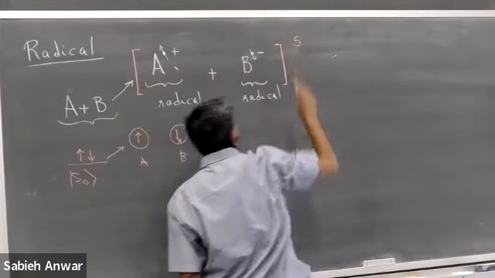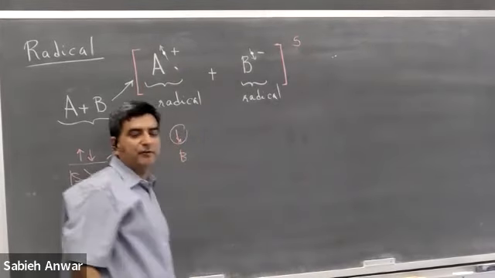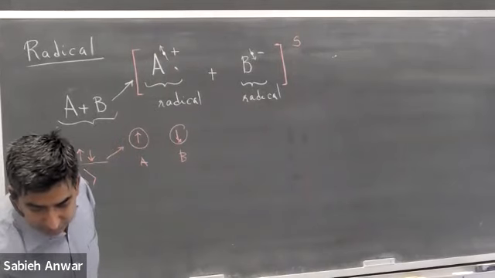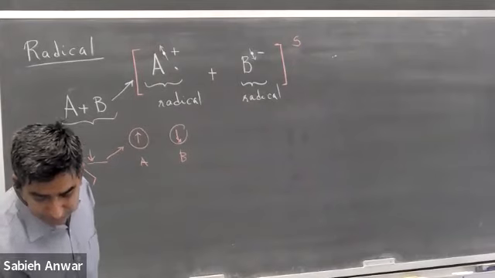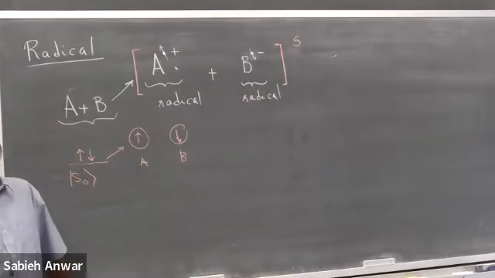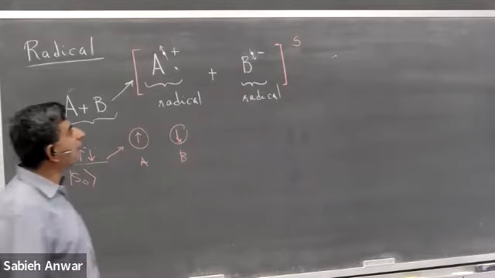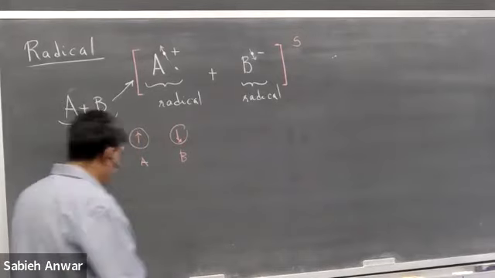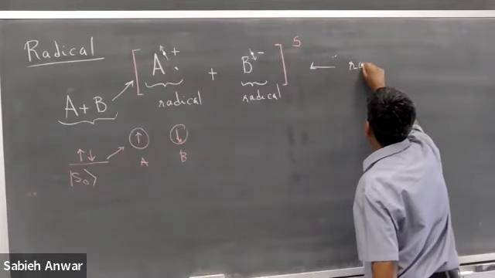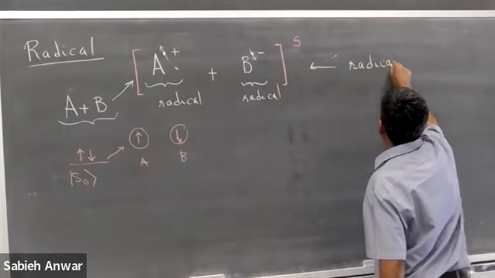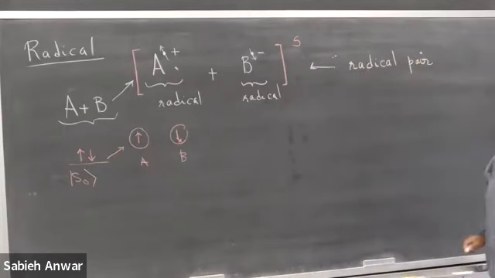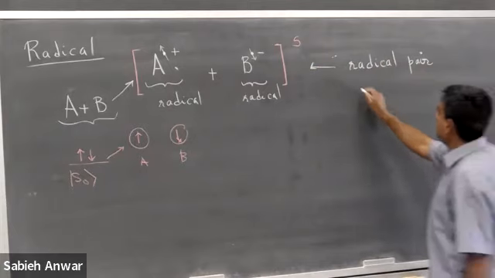Let's call this S. Instead of S naught, let's just call it S. All right. So now you have created a pair of radicals. So this is a pair of radicals or a radical pair. Which starts off in a singlet state.